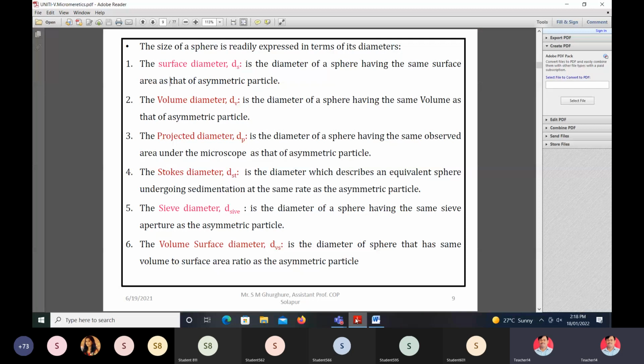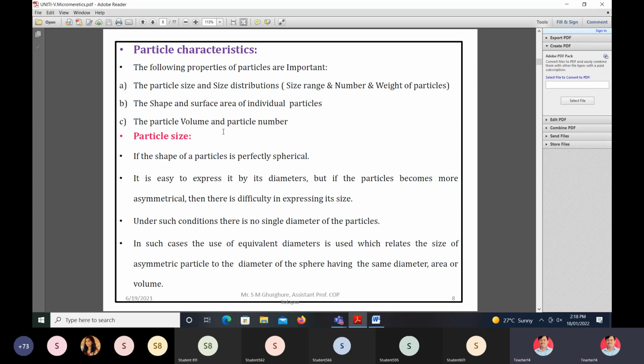If the particles are spherical, then we measure the surface diameter, which is easily expressed as a diameter. If the particle is asymmetric, then it is difficult to express its size.